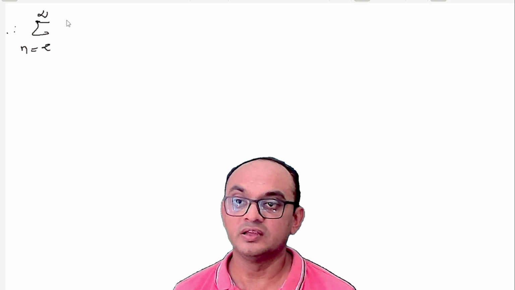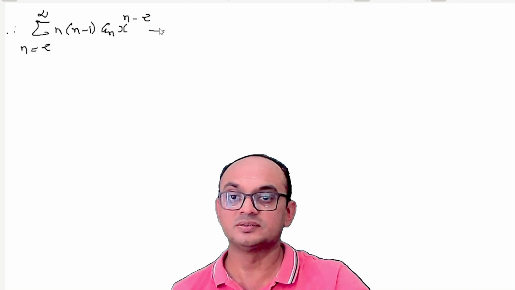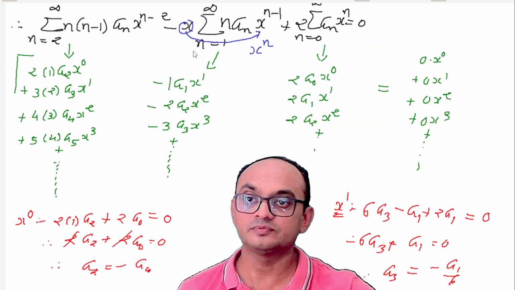Therefore, summation n equals 2 to infinity of n minus 1 times a_n x raised to n minus 2, minus, let me write, what is that?